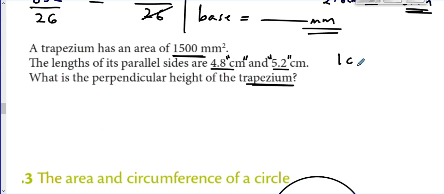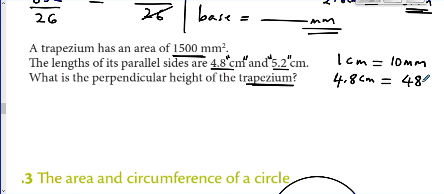We know that 1 centimeter equals to 10 millimeters. How about 4.8? When you cross multiply like that, you get 10 times 4.8. The answer you get is divided by 1. And you know that 4.8 times 10, this is 48. When you divide by 1, the answer remains 48.